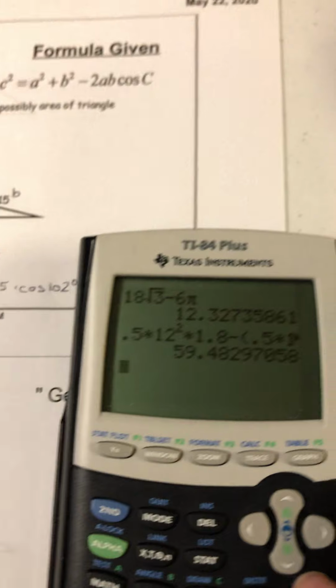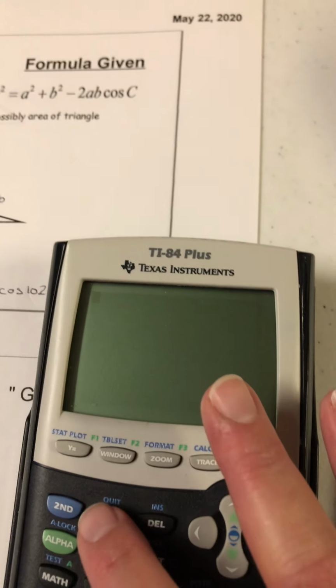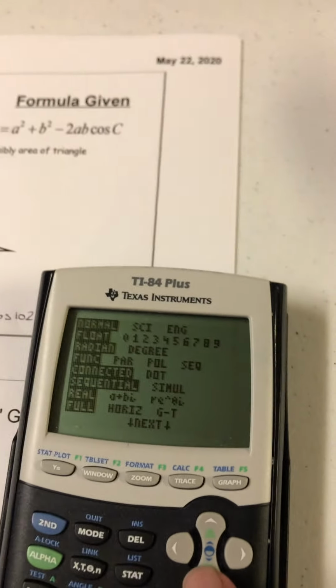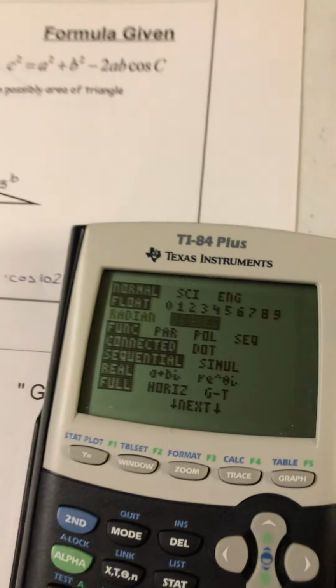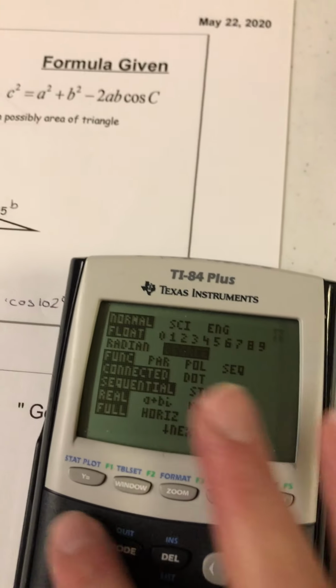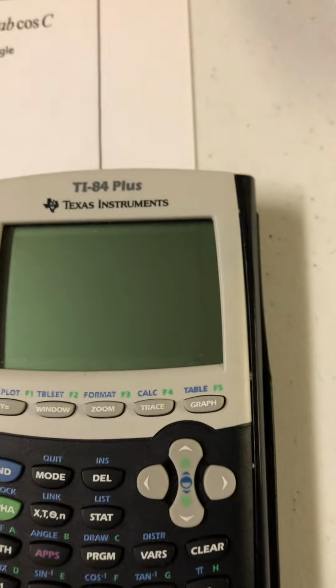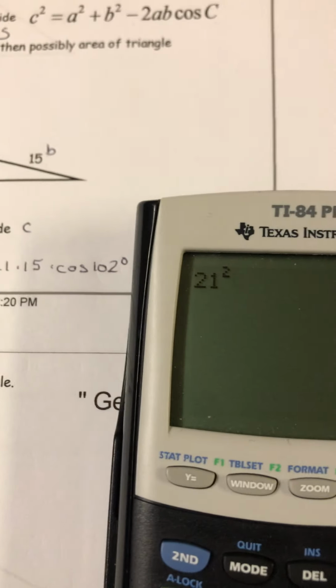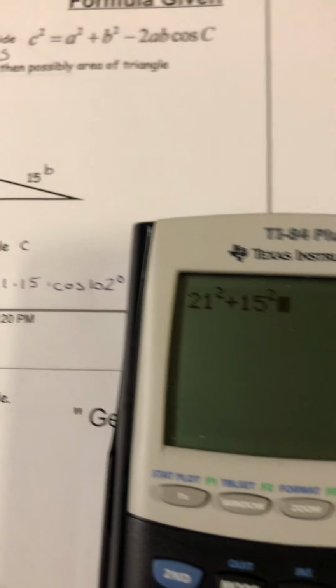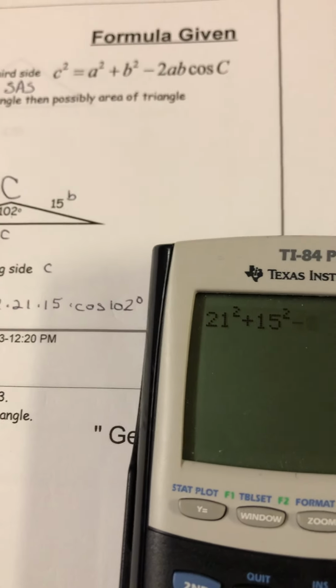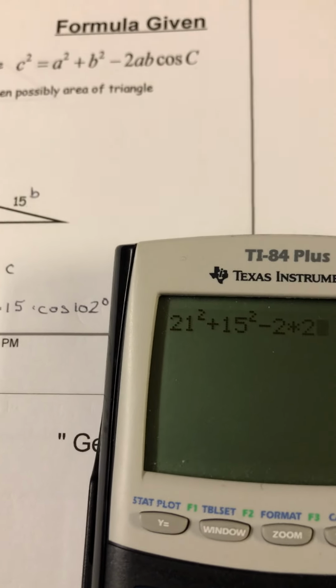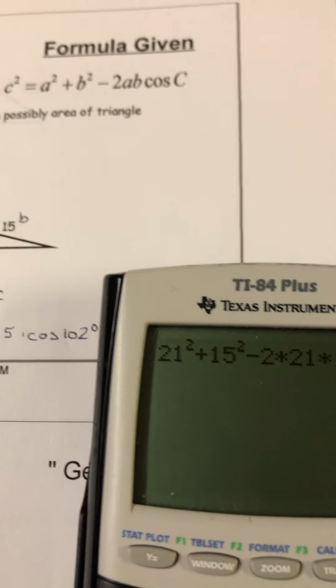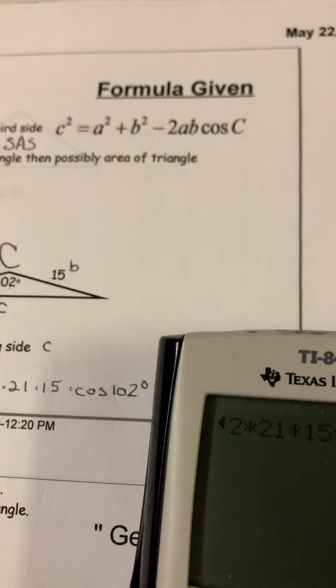So once again, where I pick up here from my calculator, press, there you have it. You have no idea what mode the calculator is going to be in unless you take the moment and check, especially if you're borrowing a calculator next school year. So here I go, 21 squared plus 15 squared minus 2 times 21 times 15 times the cosine of 102 degrees.